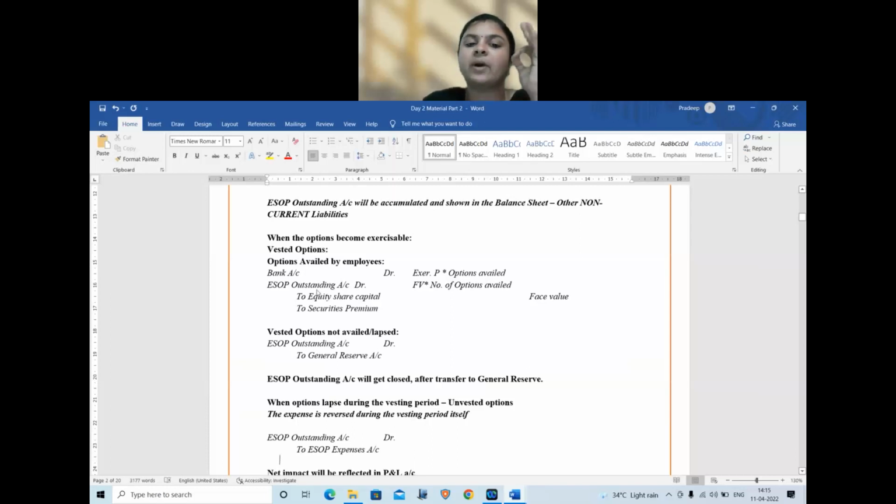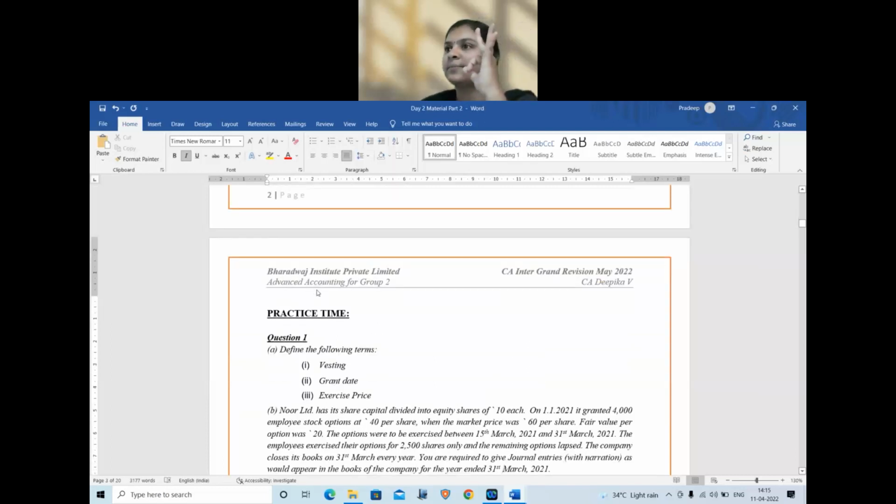So effectively, you have to remember 3 entries. At the time of grant, at the end of the year, the entry is going to be ESOP expenses to ESOP outstanding and P&L to ESOP expenses. Second, when the options are vested and they are exercised, bank account debit, ESOP outstanding account debit to share capital and securities premium.